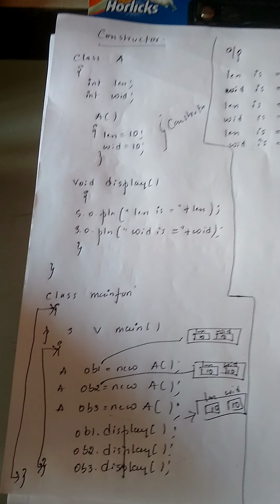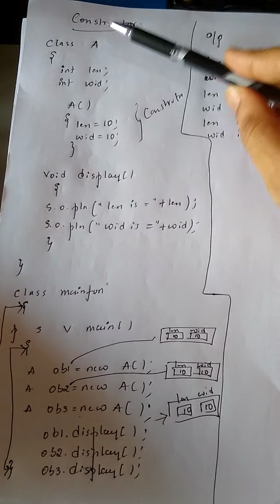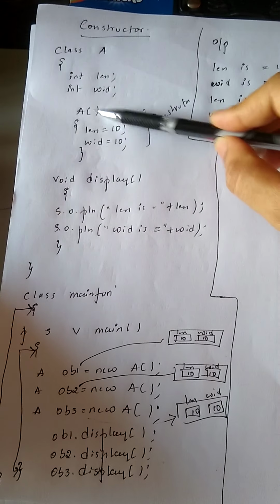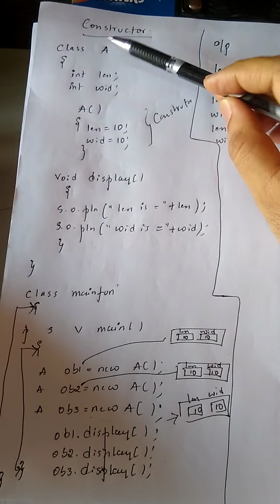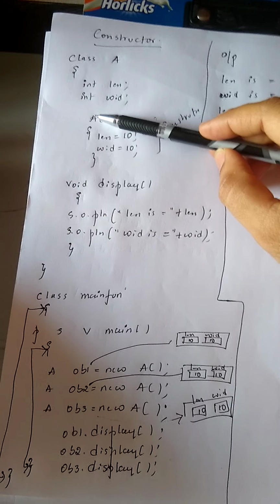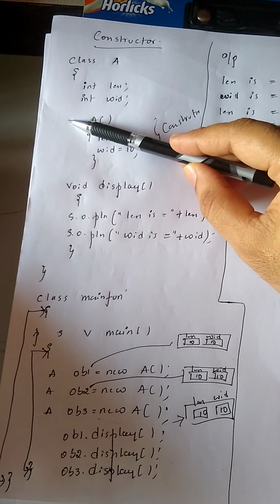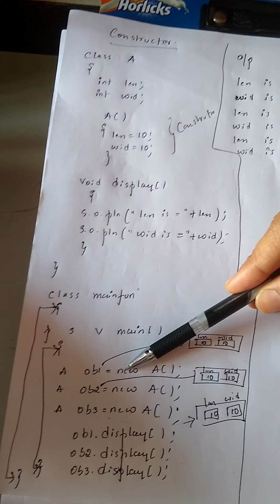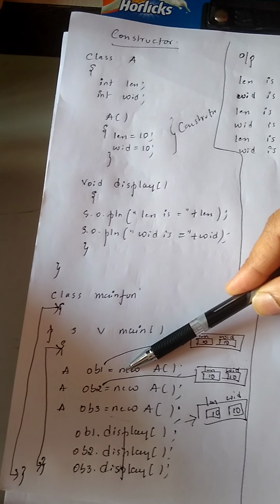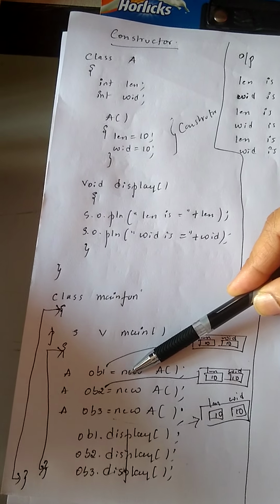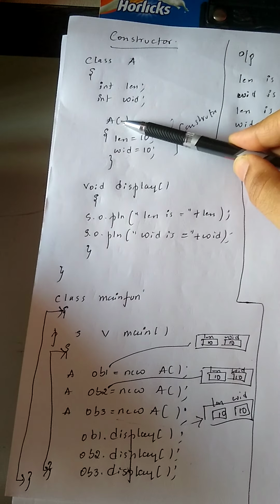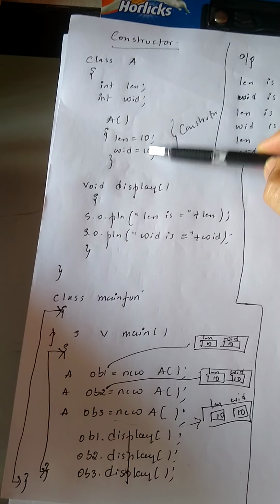So this is the definition of a constructor. I'll repeat it one more time. A constructor is a special member function with the same name as the class, with no return type, not even void, and that will be executed whenever an object gets created. And we use a constructor to initialize data members.